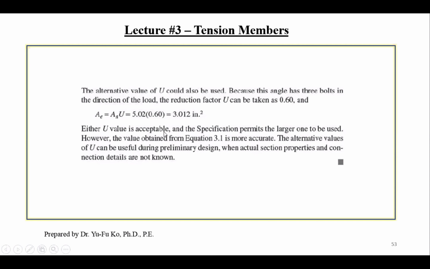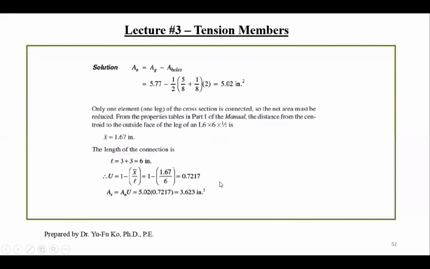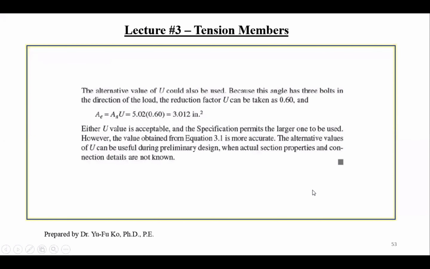So either U value is acceptable, but the specification allows you to use the larger one. Just remember, the value calculated based on this equation is more accurate. Either way is fine. Okay? This is the information I would like to talk about. Any questions?